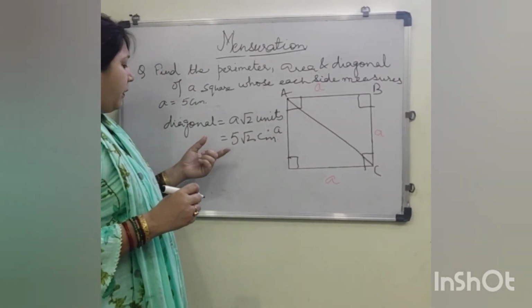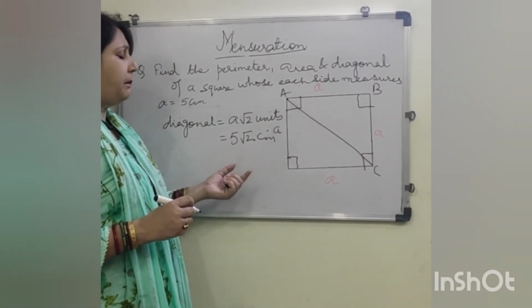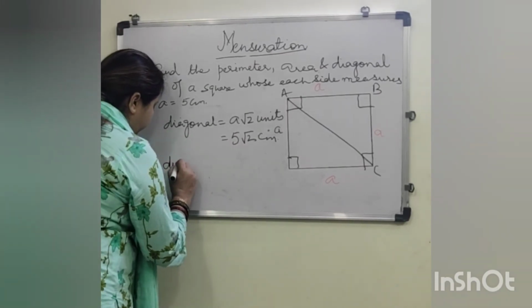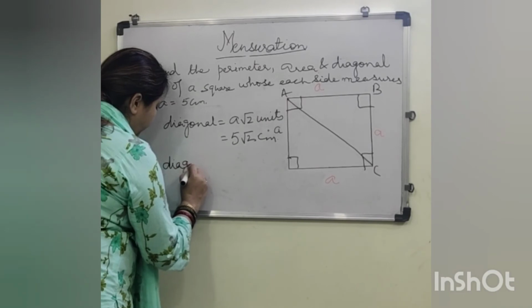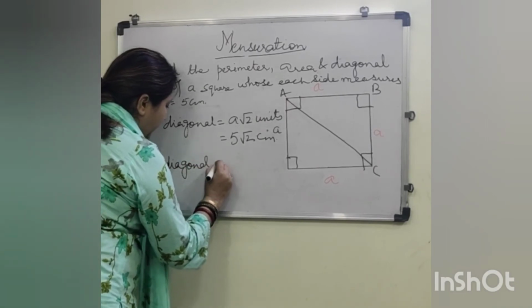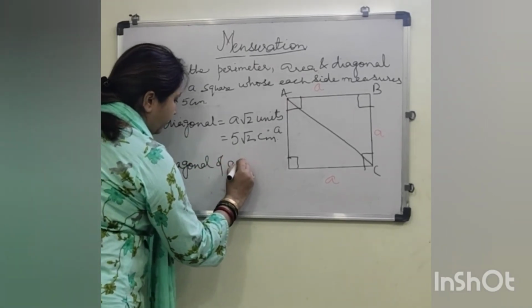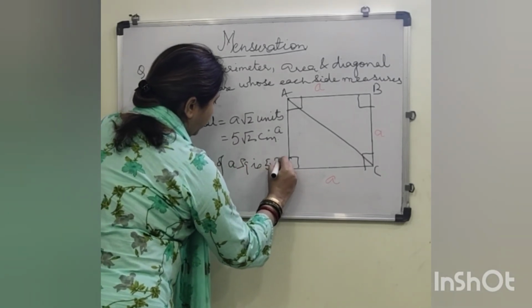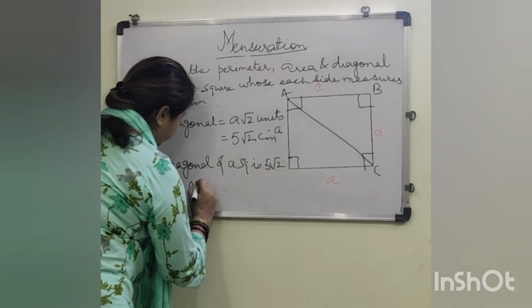Children, if from here only I am taking an example, suppose diagonal of a square is 5 root 2, then what would be area?